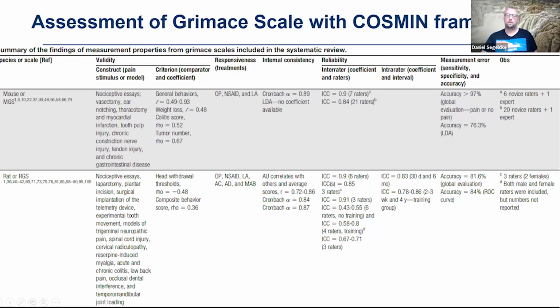Here, for example, 0.9, but we also see very poor inter-rater reliability, though in this study there was no training, and this is the point for the Grimace scale. We need well-trained observers to enhance the measurement performance of the Grimace scale. And for each of these instruments in each of the species, there exists this table with these different parameters. I recommend this study. It's very, very interesting and very, very detailed.